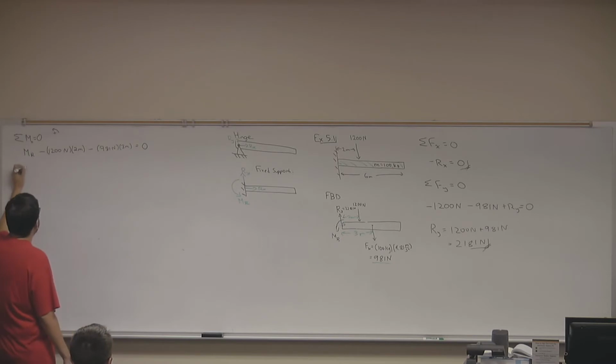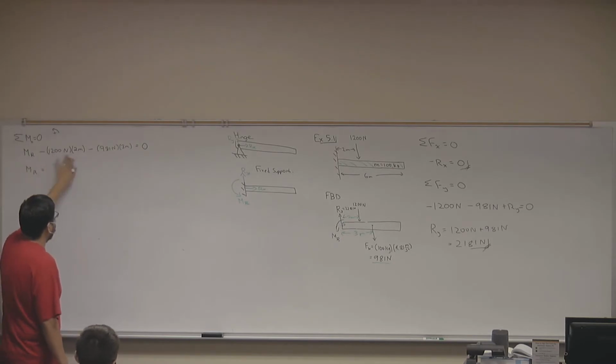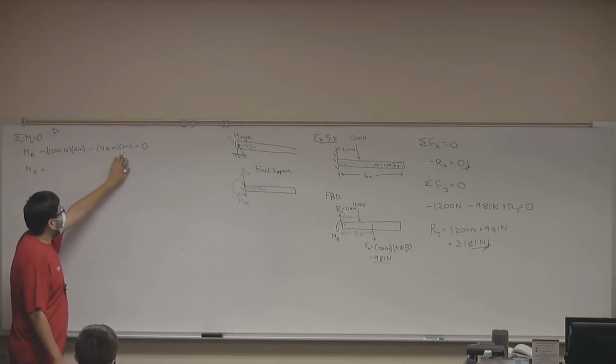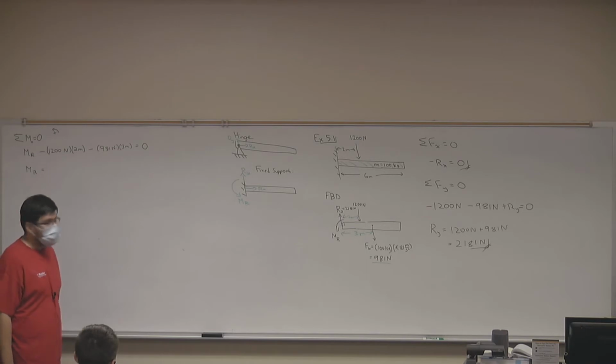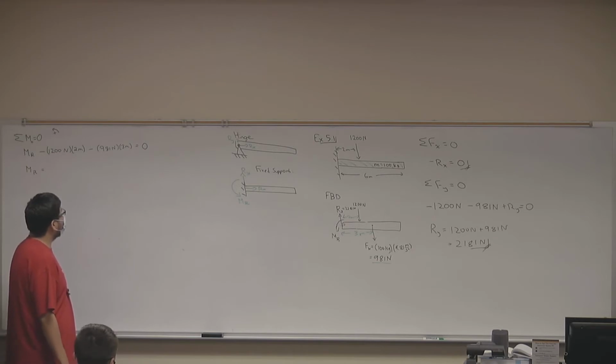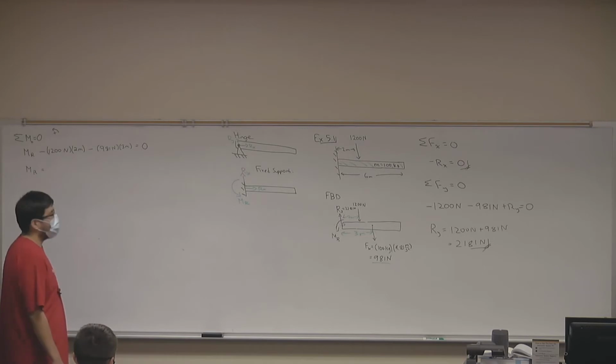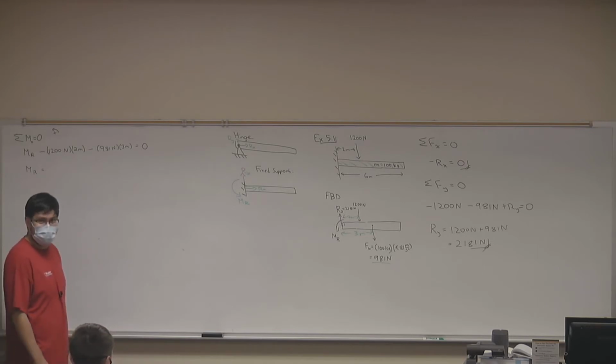And now we can solve for my reactive moment. Reactive moment is 1,200 times 2. That's 2,400. Plus 981 times 3. That's, I don't know, 2,942. 43. 43.